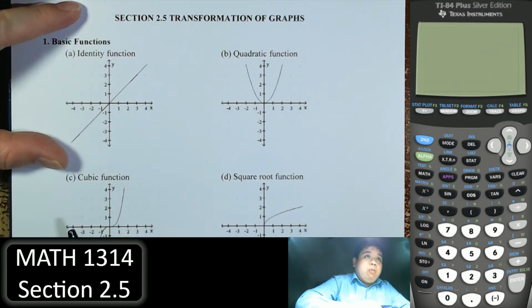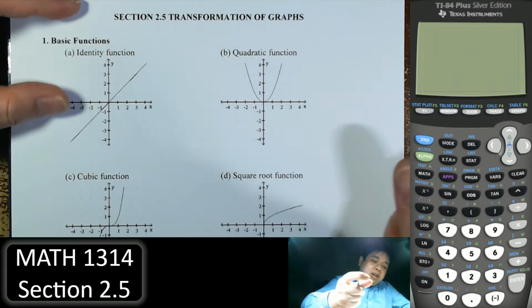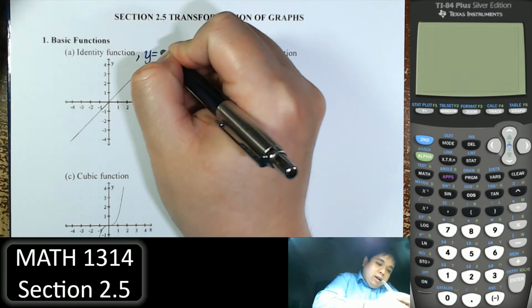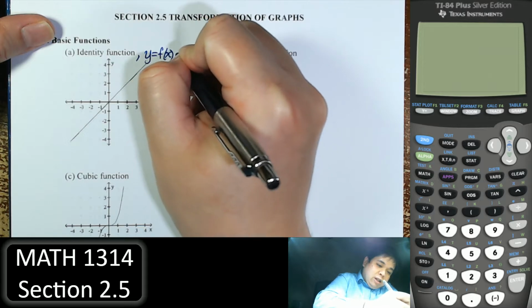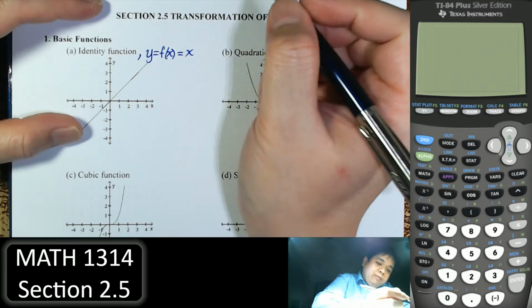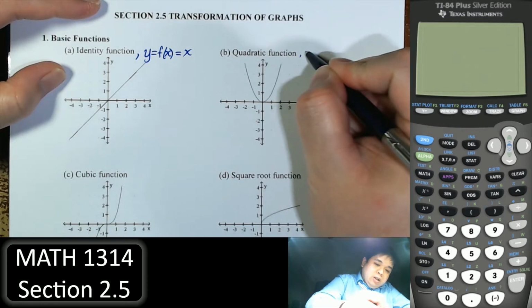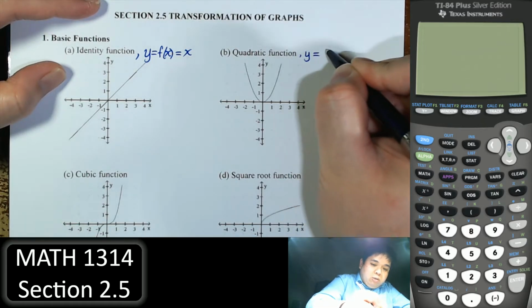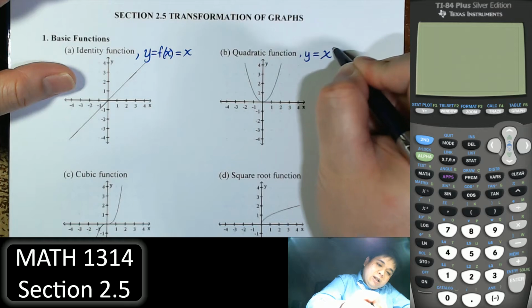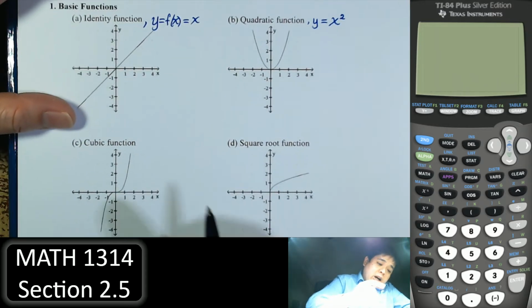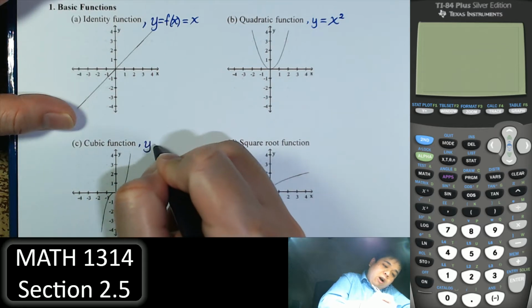just go over some basic functions. This is the identity function, which is y equal to x, or f of x equal to x. Quadratic function is y equal to, or just say, x squared. Either we say y equal to or f of x equal to, that's still a function. Cubic function, x cubed.